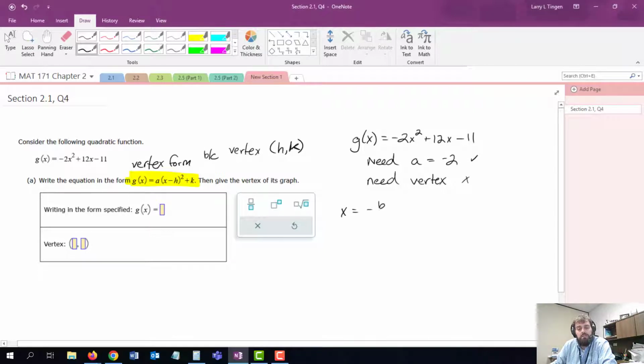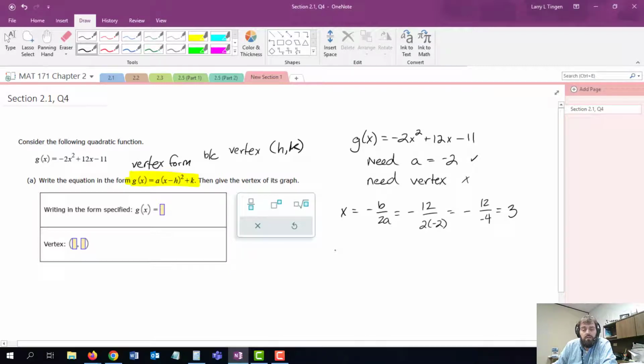Well, it's negative b over 2a. That is negative 12 over 2 times negative 2, which is negative 12 divided by 4. 12 divided by negative 4 is negative 3. So there's the x coordinate of my vertex.